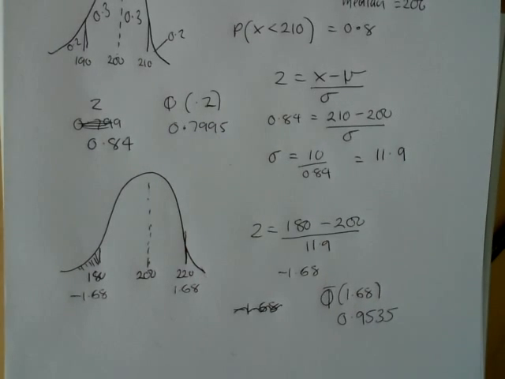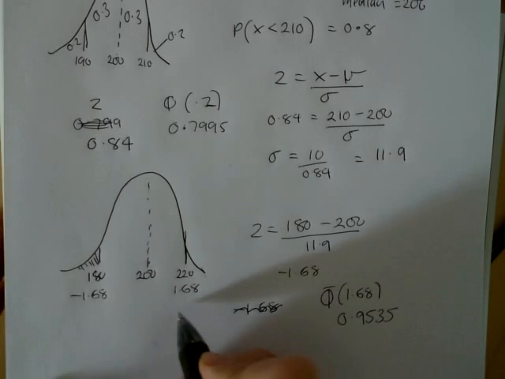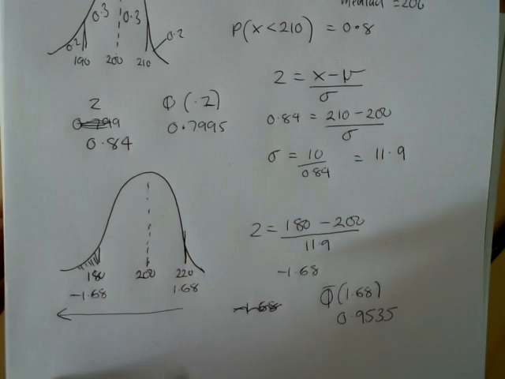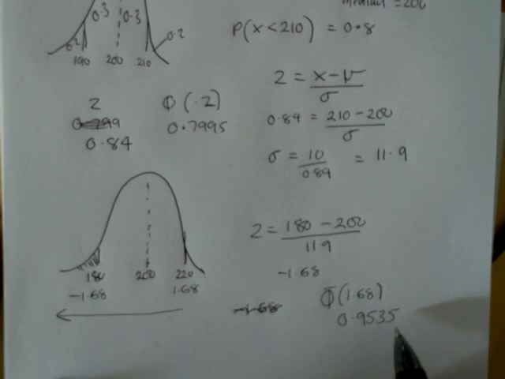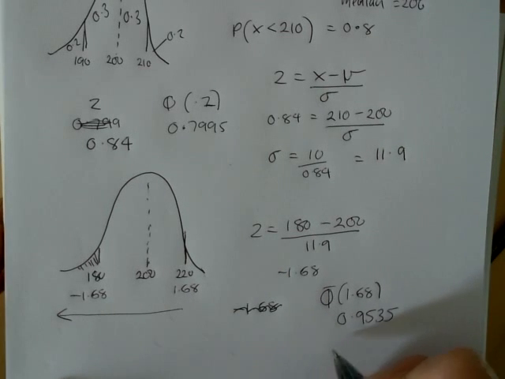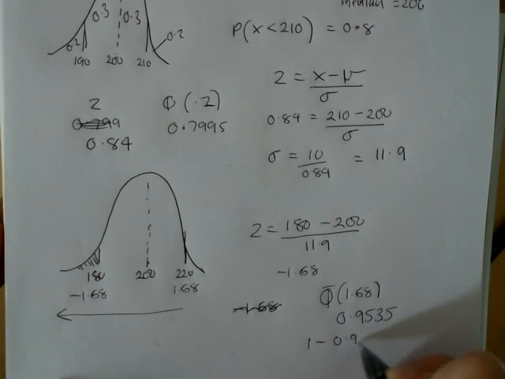I'll just double check that as well. 1.68, yeah, 0.9535. So that means that the probability of being less than 220, z value 1.68, is 0.9535. So if I take that away from 1, I'll get the probability that I require.